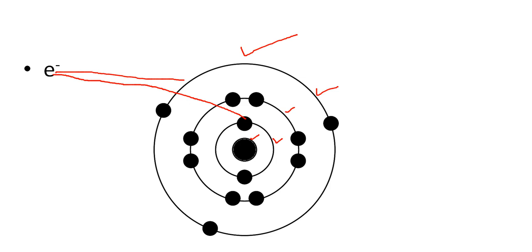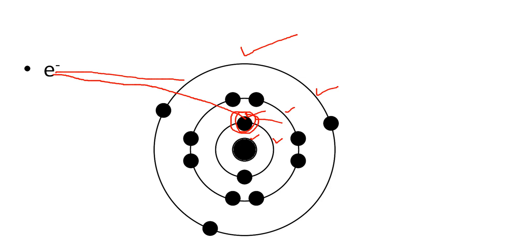There will be many electrons. Suppose one of the electrons strikes an electron of the K shell and this electron is displaced from here. Therefore a vacancy, a hole, will be created here. So this atom will become unstable.